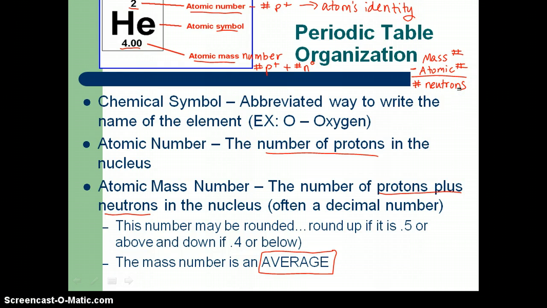Okay, and as a general rule, your number of electrons will equal your number of protons in a neutral atom, meaning it has no charge. The atom as a whole has an equal number of protons and electrons. When you normally draw one, they have equal numbers of protons and electrons.